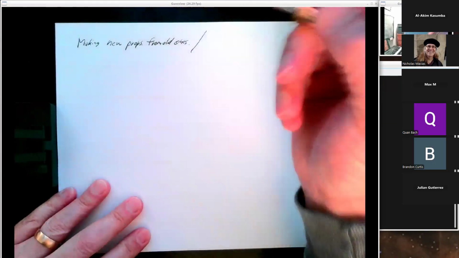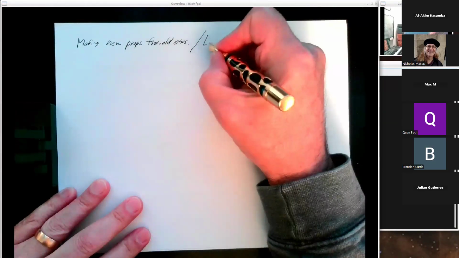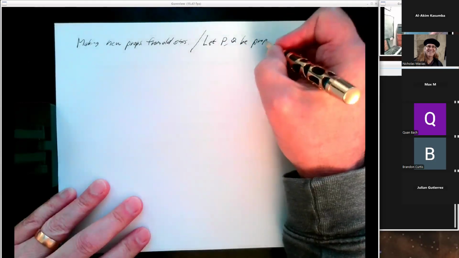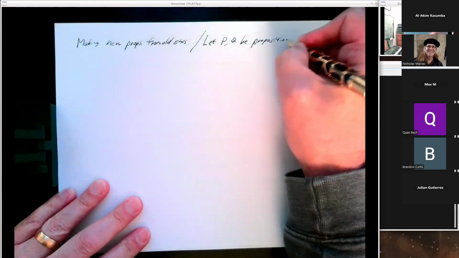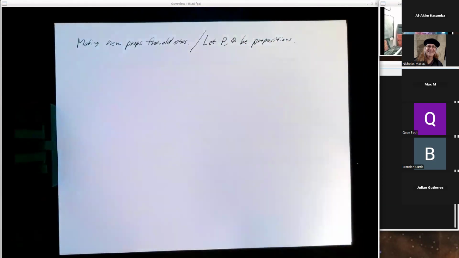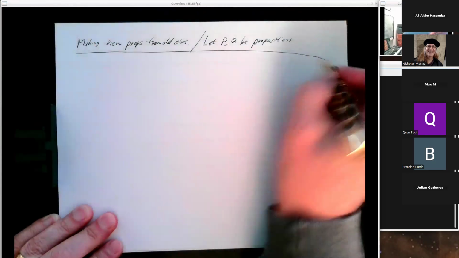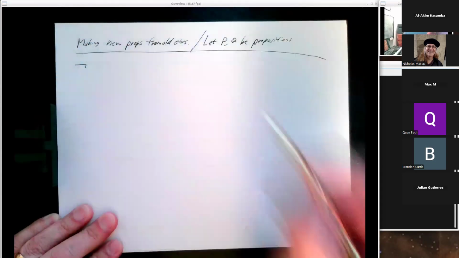So for the next, I don't know, few minutes, let P and Q be propositions. So they're symbols that represent declarative statements. The important thing is it doesn't matter what propositions these are. They're just any propositions, but the things we're going to develop right now apply regardless of what the actual proposition is. So our first way to make a new proposition is this, what's called a hook.